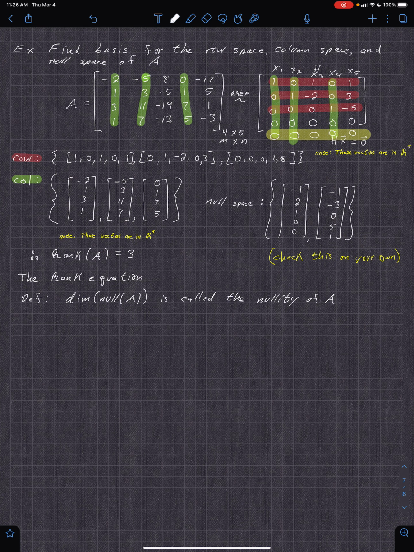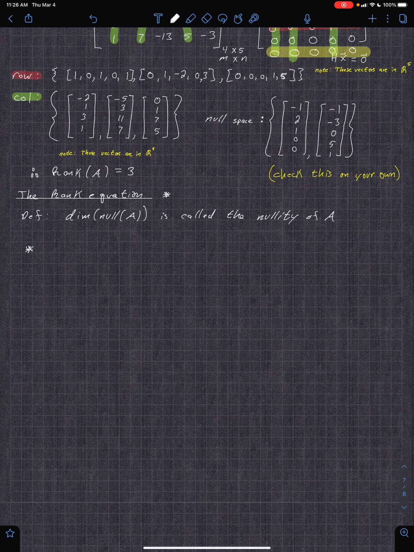Okay, so this is the rank equation. The rank equation is a somewhat simple idea.